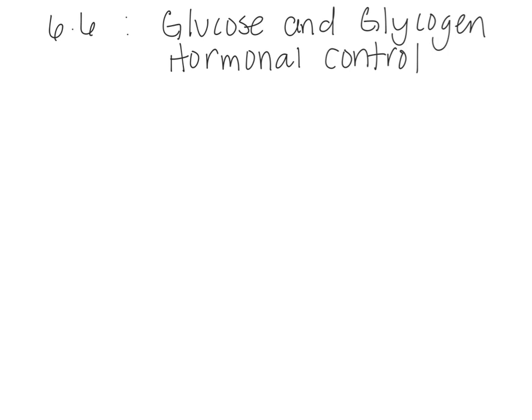Next up is the hormonal control of glucose levels in the blood. Always, always, always, the goal of hormonal control of anything really is to achieve homeostasis. So we're going to keep that at the center of our discussion. Okay? Now, when we say homeostasis, we mean maintaining a normal blood glucose range.